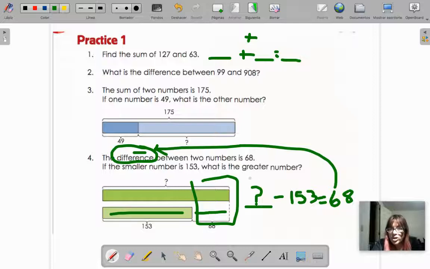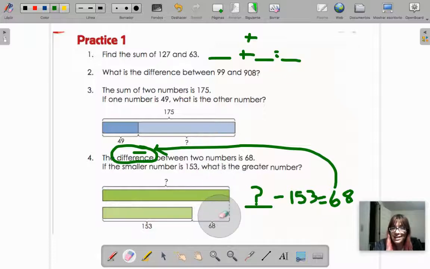This is the real subtraction for the difference. But we don't know the big number. We don't know it, okay? That's why what we really have to do is an addition.